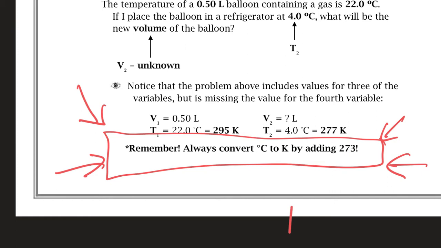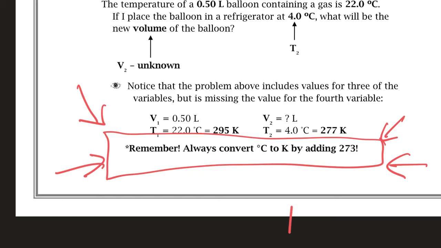Whenever you've got Celsius, you have to convert to Kelvin. Now it's easy. You just add 273. You cannot do a gas law problem with your temperature in Celsius. You will get the wrong answer. Whenever you see Celsius in a gas law problem, you should go, bing, got to convert that. Can't use it the way it is.